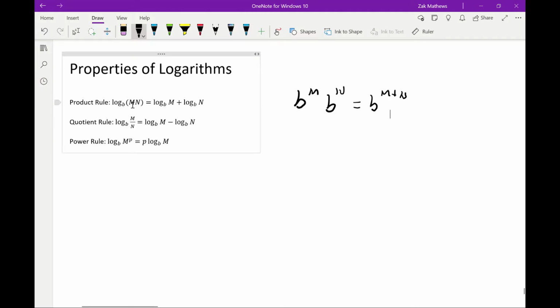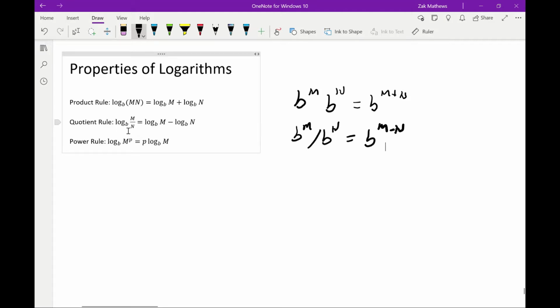Notice we're starting with two things being multiplied, those two exponentials, and we can break that apart as addition. It's the same idea as what we're doing with exponents. If we take two common bases with different exponents and divide them, we can write it as one exponential, but with the exponents being subtracted. Exactly what we see here.